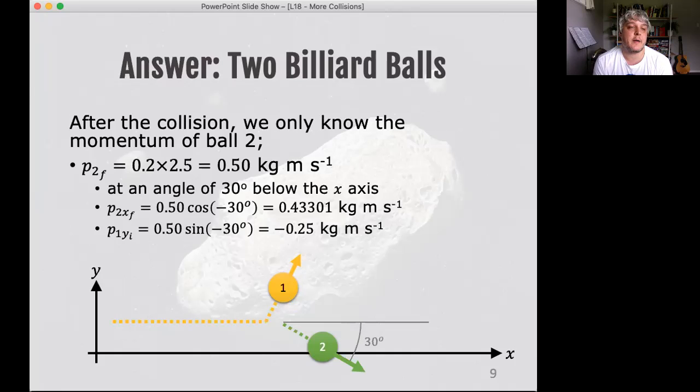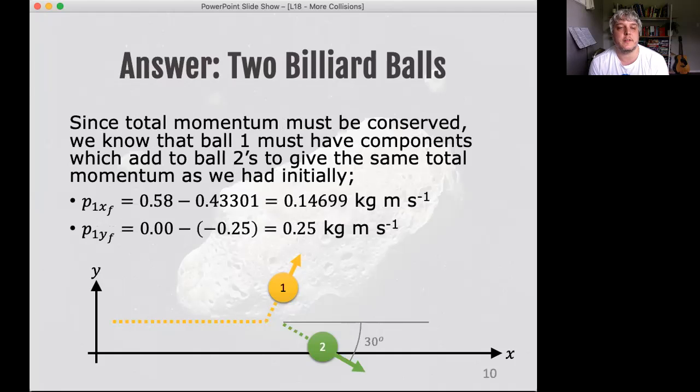So we need to figure out how much x component ball 1 needs in order to make our x component up to 0.58. And we need to figure out what y component ball 1 needs in order to make our y component of the total equal to 0, because that's what it was initially. So that's quite easy. We just do those calculations, 0.58 minus 0.433 and 0 minus negative 0.25, which gives us obviously positive 0.25 for that y component.